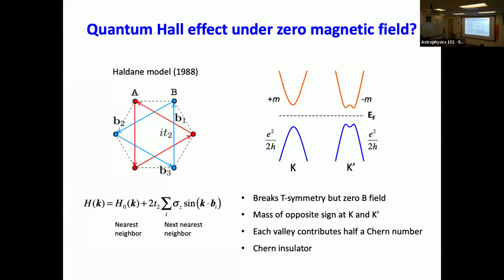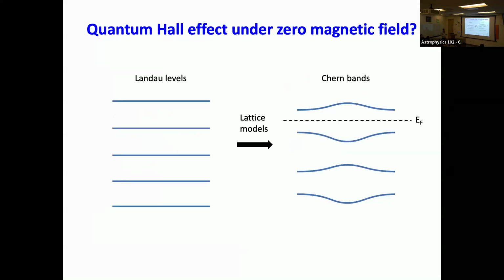But it opens a gap in a very interesting way: a positive gap in one valley and a negative gap in the other valley, so that each valley contributes one half of e squared over h Hall conductance, and when you sum them up, it becomes a Chern insulator that can exhibit the quantized anomalous Hall effect under zero magnetic field. That was the first theoretical model.